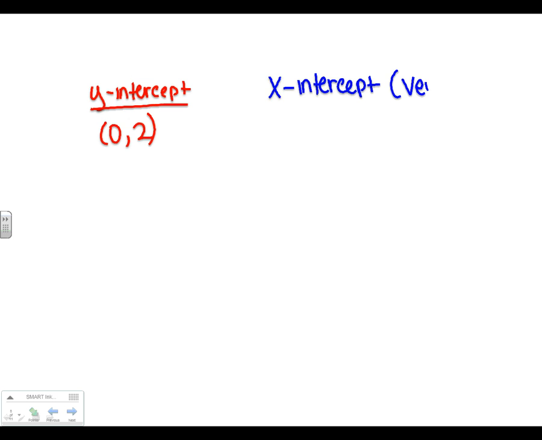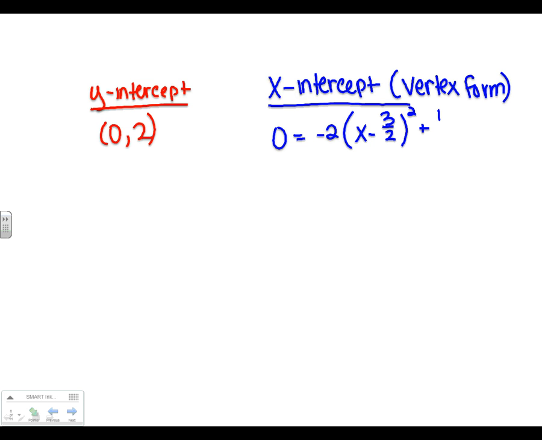again, we're going to use vertex form. Since we already did all the work for completing the square, we don't want to have to do that again. So plug in 0 for y and solve for x. So we subtract 13 over 2 from both sides.